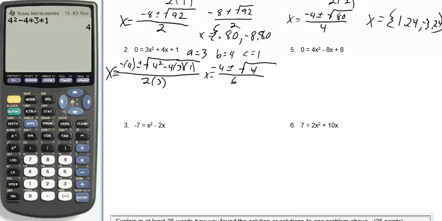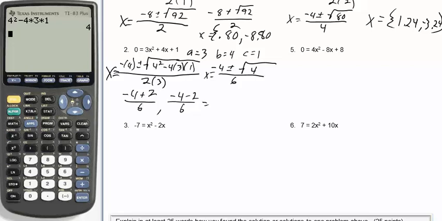Square root of 4, we know it's 2. So we have two problems here. Negative 4 plus 2 over 6 and negative 4 minus 2 over 6. And we can simplify those.